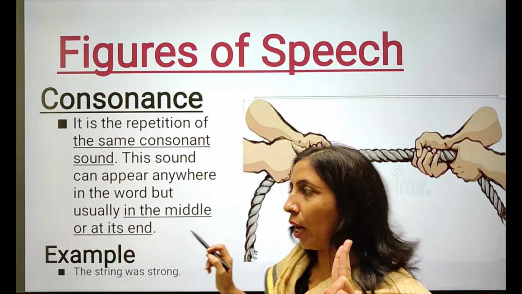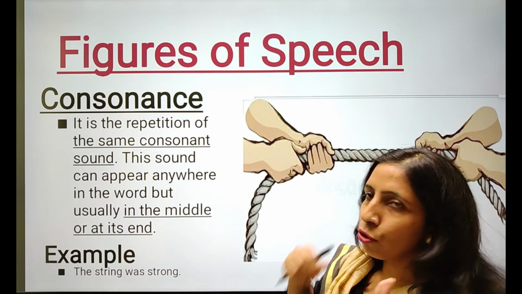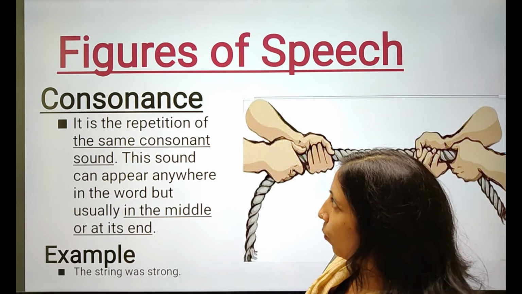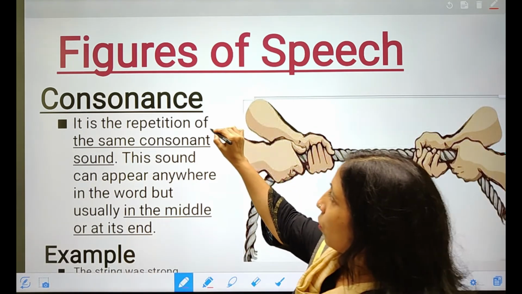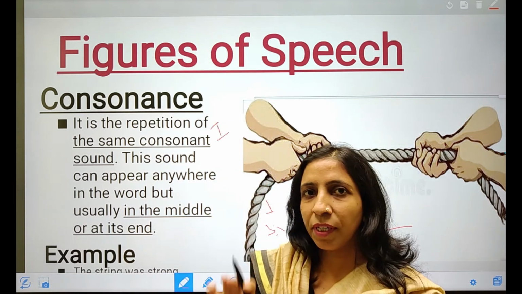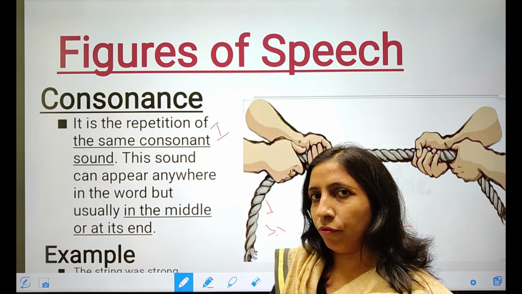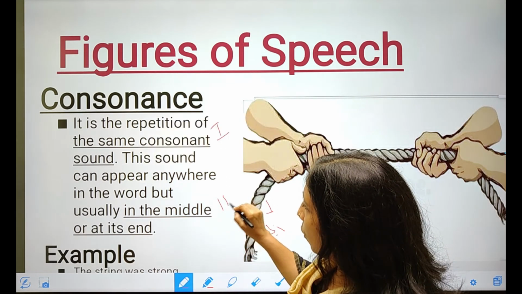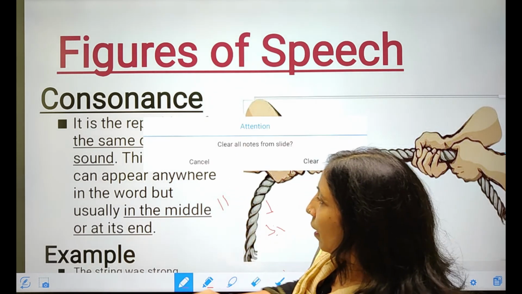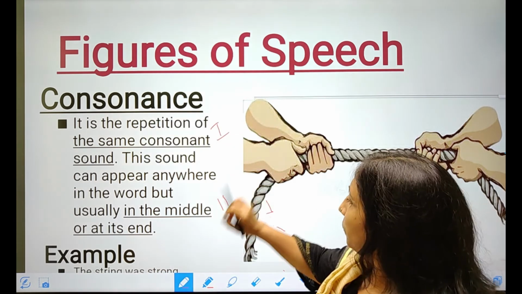Here again you have to think upon two important points. Number one is it is the repetition of the same consonant sound, which was similar to the case of alliteration also. Fine? But it is applied in the middle or at its end.